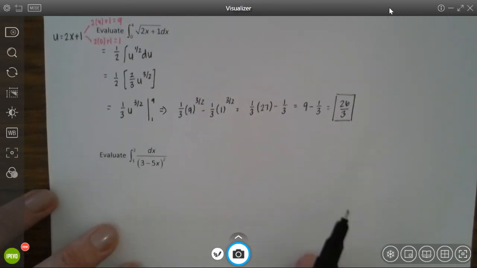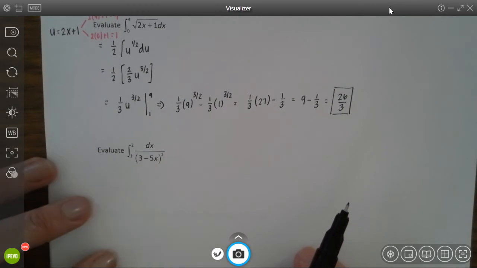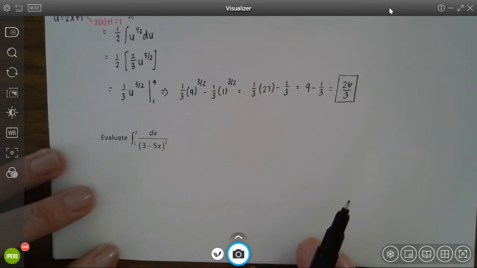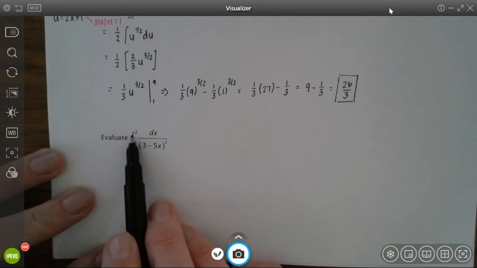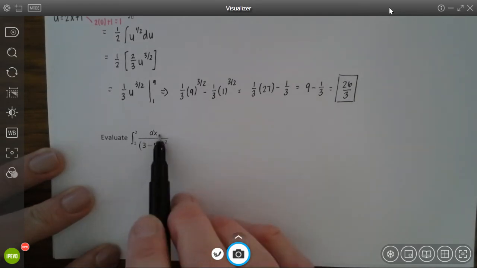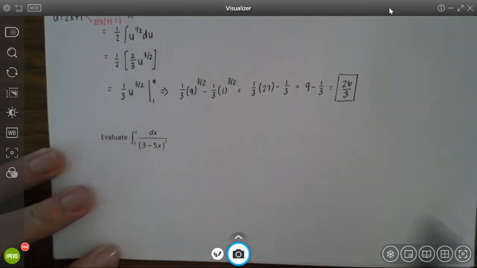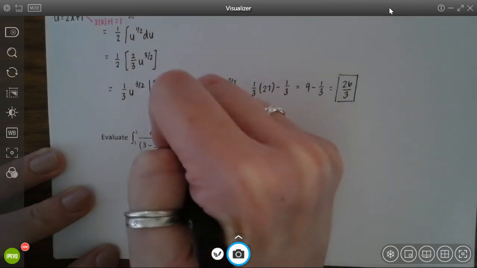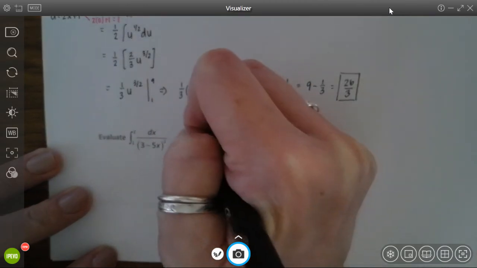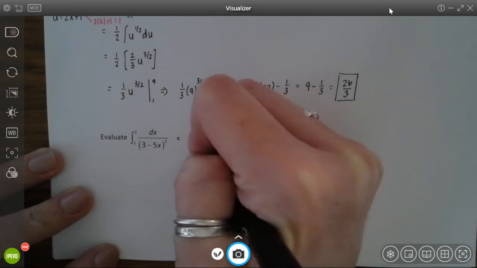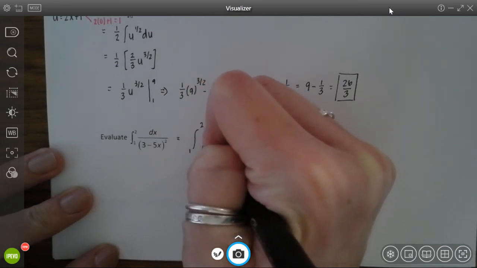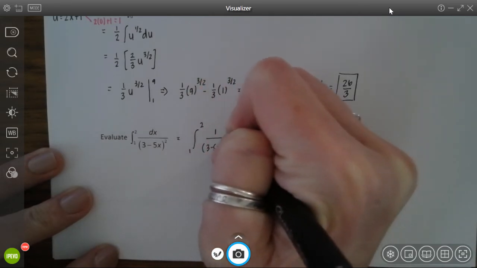So let's look at another example. This example is asking us to evaluate from 1 to 2 of this function. Don't be confused with this notation with the dx in the numerator. That's the same thing as writing the integral from 1 to 2 of 1 over the quantity 3 minus 5x squared dx.